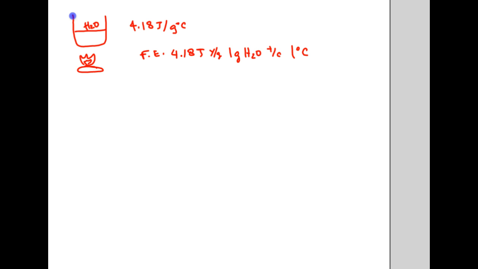And based off the question, we know that we're working with 500 grams, and there's a change of 70 degrees Celsius. So we're multiplying by 500, and we're multiplying by 70. So we're going to do the same thing here, multiply by 500 and multiply by 70, and we should get 146,440 joules.